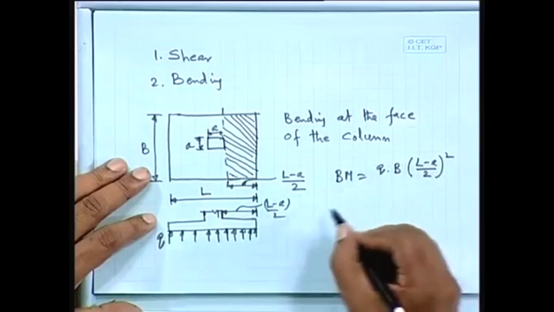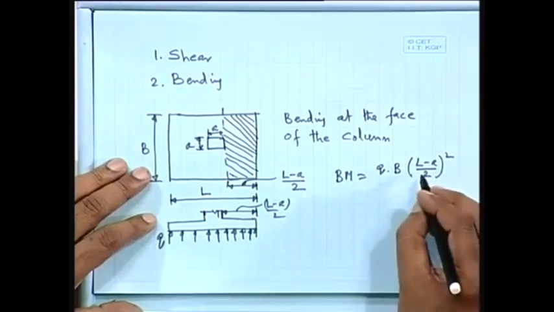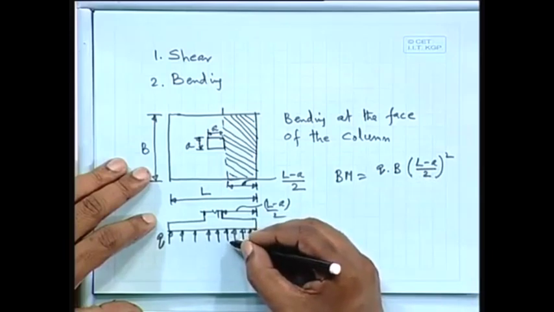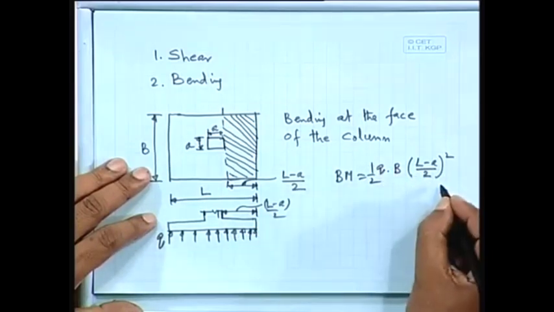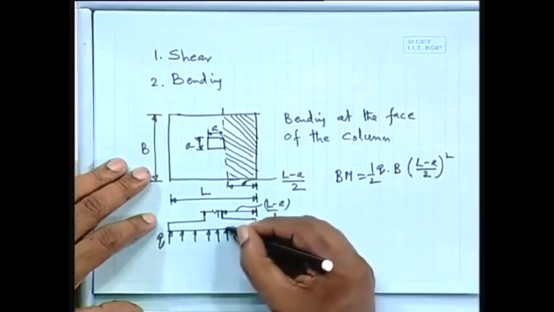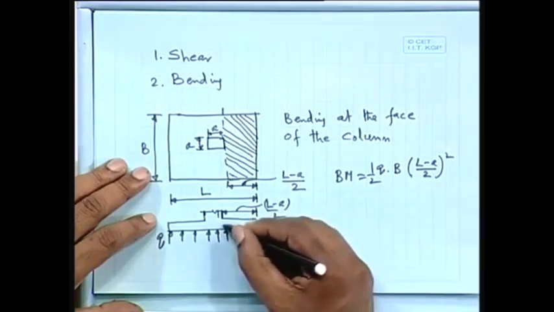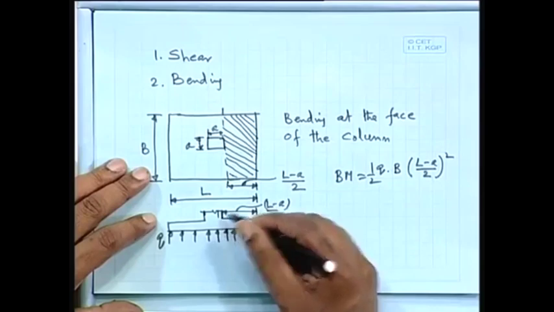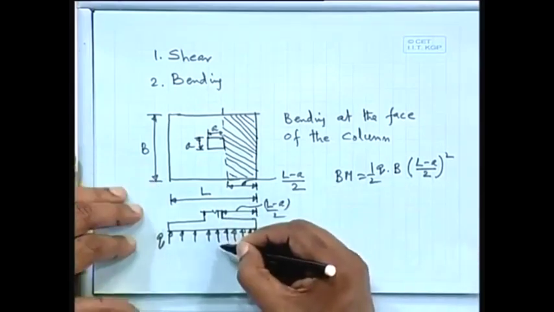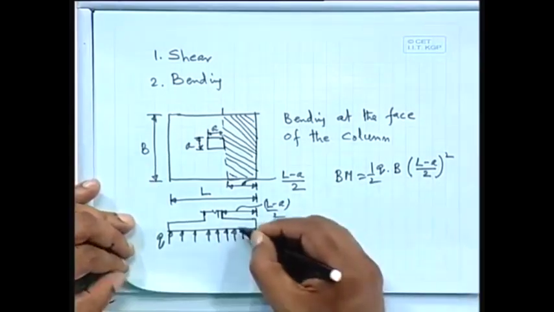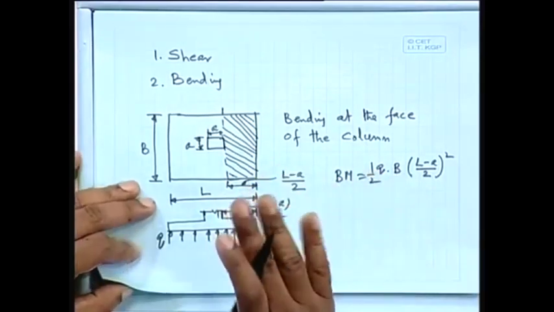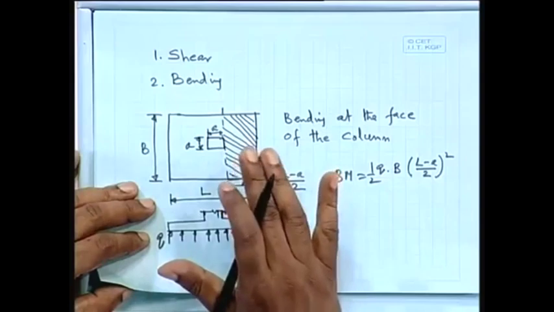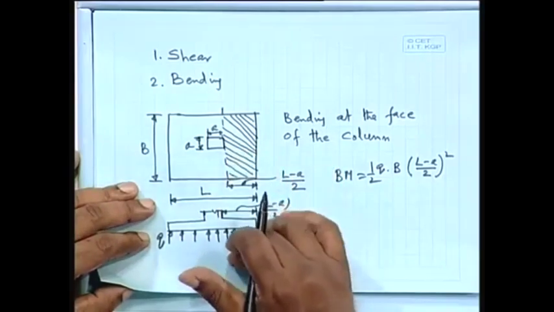So this is whatever bending moment we shall get here, and we have to check the thickness against this bending moment. So for footing we have to check the bending moment due to the soil pressure.